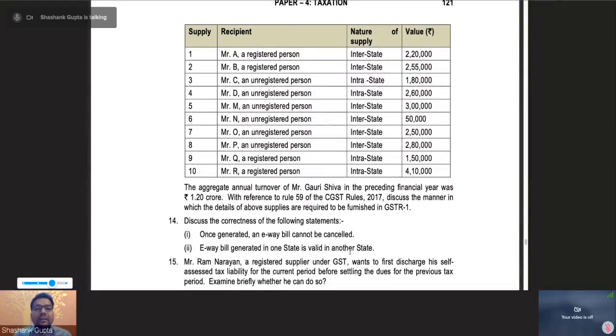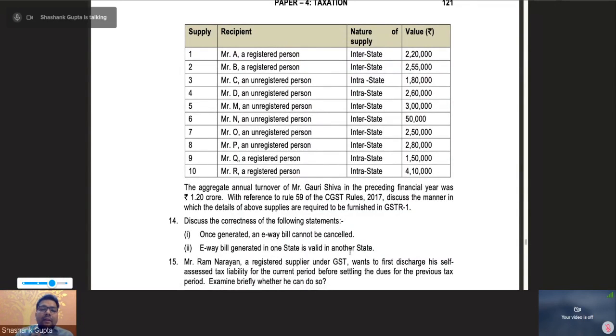So what did we study in the morning? If the supply is from one registered person to another registered person, be it interstate, be it intrastate, whatever be the value, it has to be reported invoice-wise.